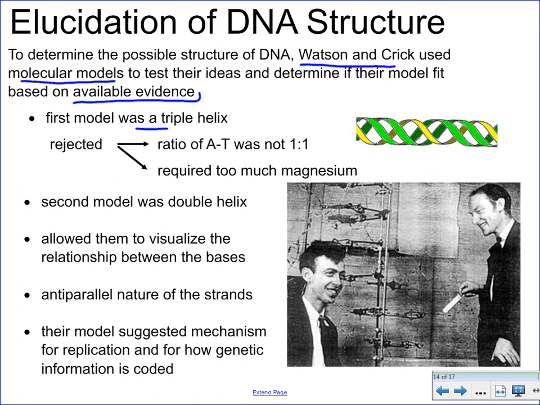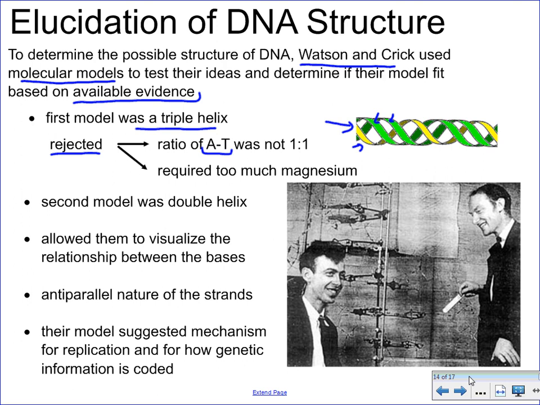The first model that they proposed was a triple helix, which is in this diagram here. So there's the yellow ribbon, and then there's two green ribbons wound around each other to create a triple helix. This was actually quickly rejected because they knew from Chargaff's experiments that the ratio of adenine to thymine should be 1:1.